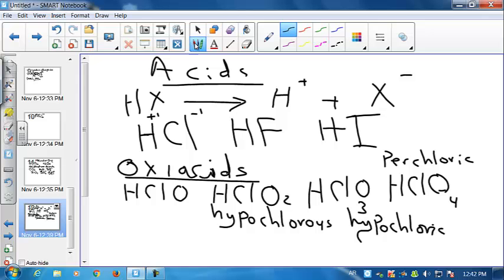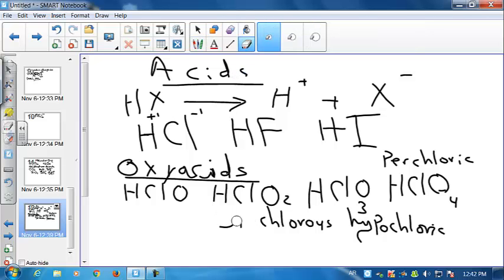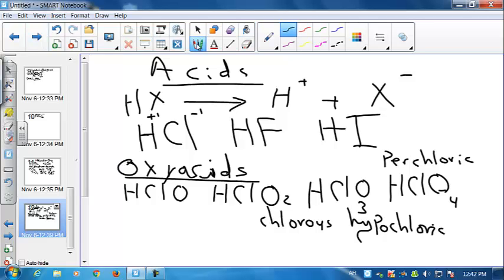This has even less oxygen than the chlorous, so it will be, no, I'm sorry. This is chlorous, and this contains oxygen even less than chlorous, so it will be hypochlorous.